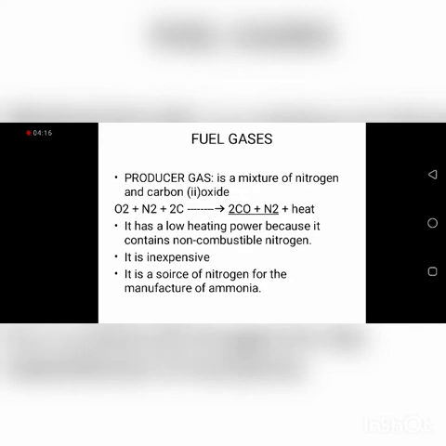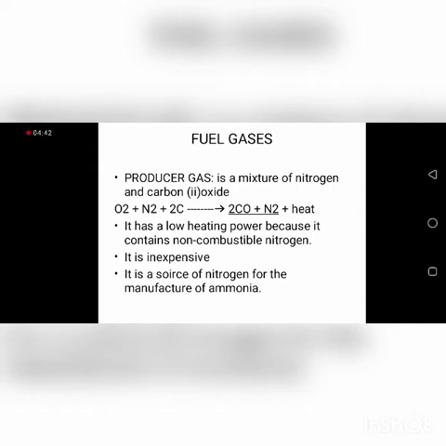Now, fuel gases. Two fuel gases are produced from carbon: producer gas and water gas. We compare the two of them to see the one that is better, and their constituents. Producer gas is a mixture of nitrogen and carbon monoxide. It's a common question in WAEC. It is made up of CO plus N2.